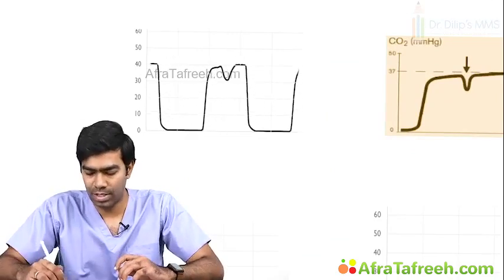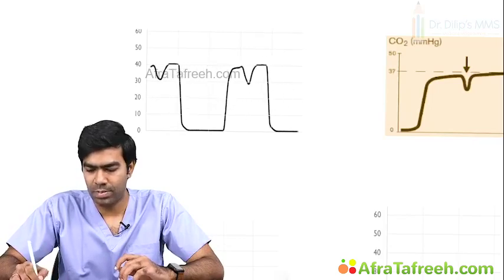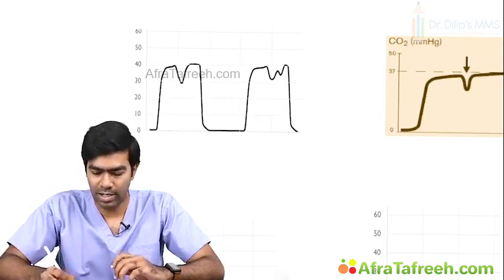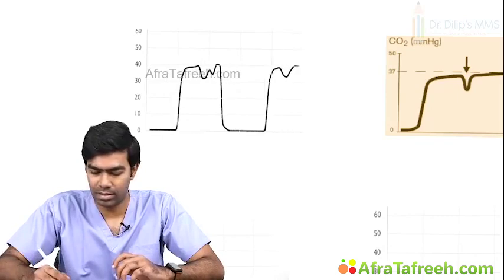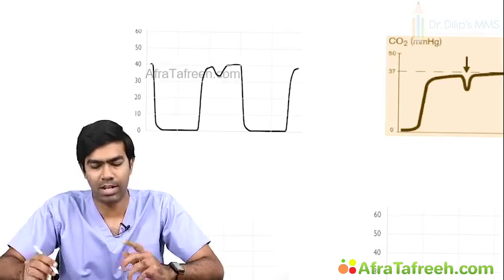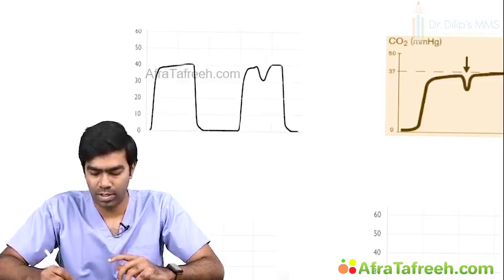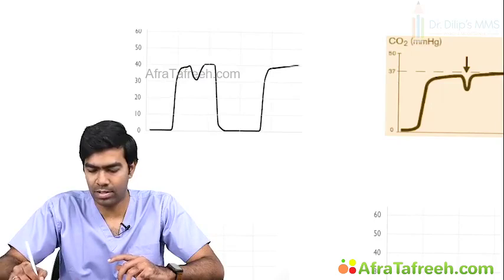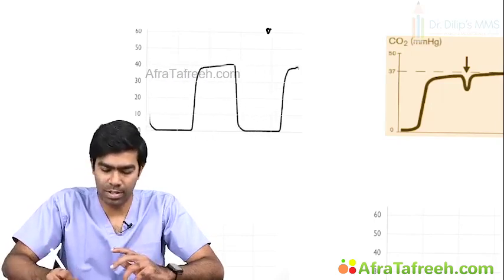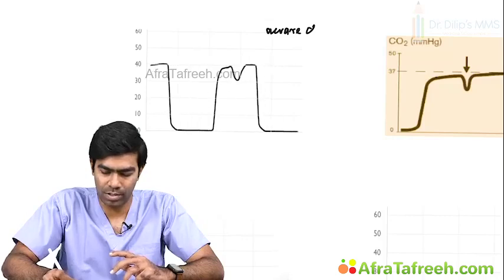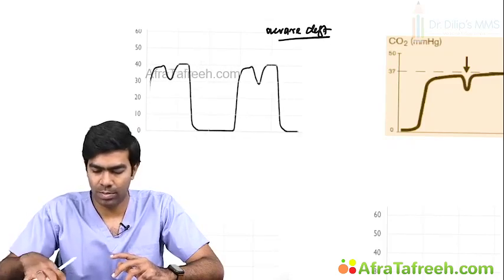Then the next graph, what we are seeing here will be a typical one. You can see a cleft-like appearance here in the graph. So this is a normal one. And once again, you can see a cleft-like appearance here. We tend to call this a Curare cleft. So what do we mean by Curare cleft?